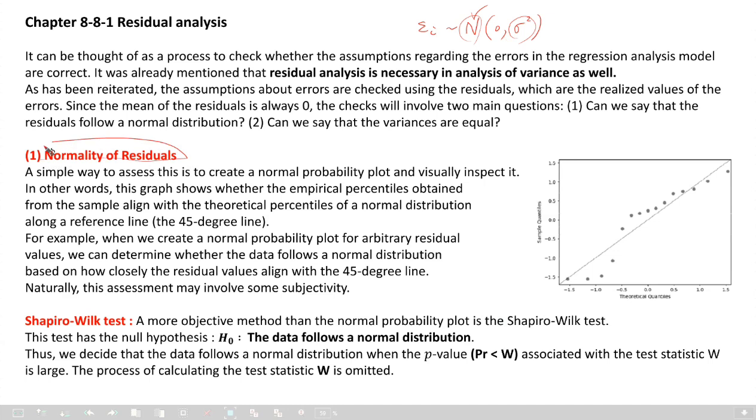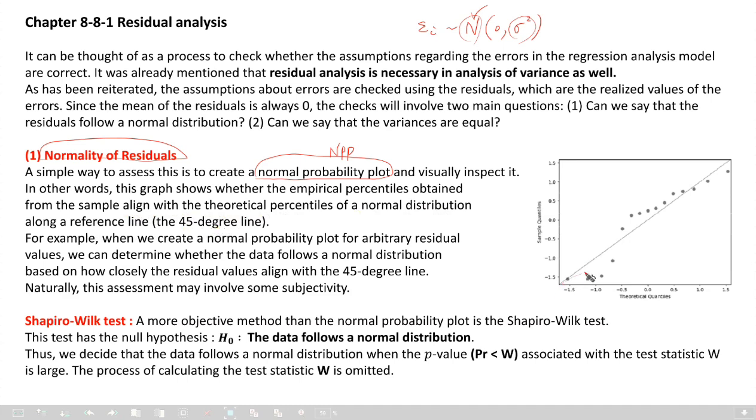Normality of residuals. The simple way to assess this is to create a normal probability plot, a PP plot, and visually inspect it. In other words, this graph shows whether the empirical percentiles obtained from the sample align with the theoretical percentiles of the normal distribution along a reference line, the 45-degree line.